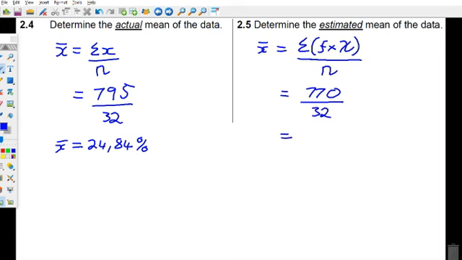And we get an answer of 24.06%. So we can then see, again, it's very close. My actual mean is 24.84, and my estimated mean is 24.06. This is my grouped estimated mean, so it's the grouped part, and then this is all individual.